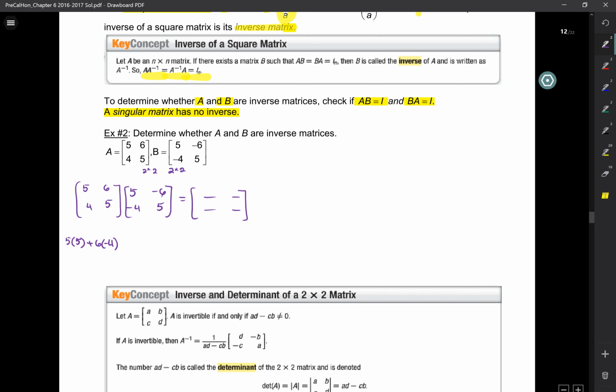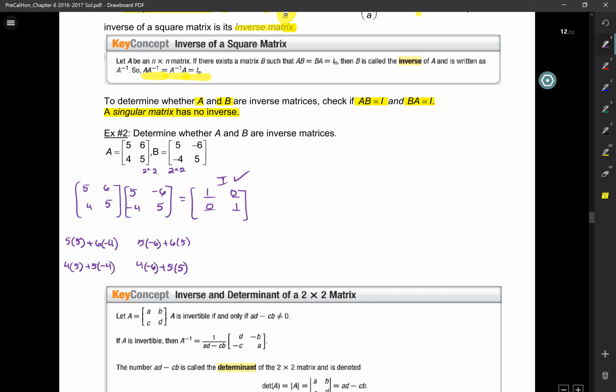All right, and that's going to give me a 1. First row, second column, 5 times negative 6 plus 6 times 5 is 0. It's looking good so far. Second row, first column, 4 times 5 plus 5 times negative 4. Hey, that looks like a 0. Second row, second column, gives me a 1. Oh my gosh, this is the identity matrix. How awesome. So far, so good.